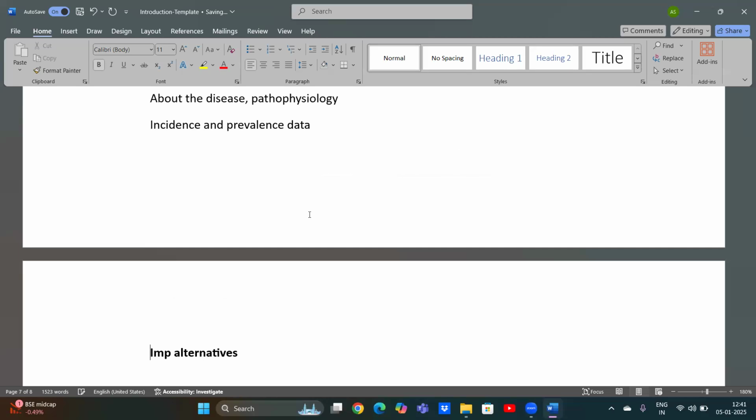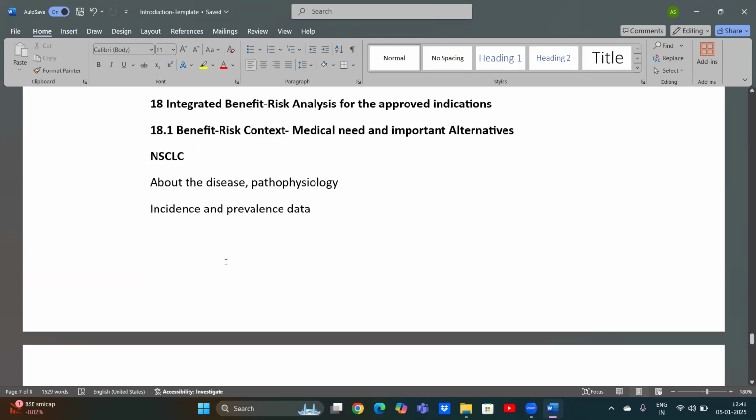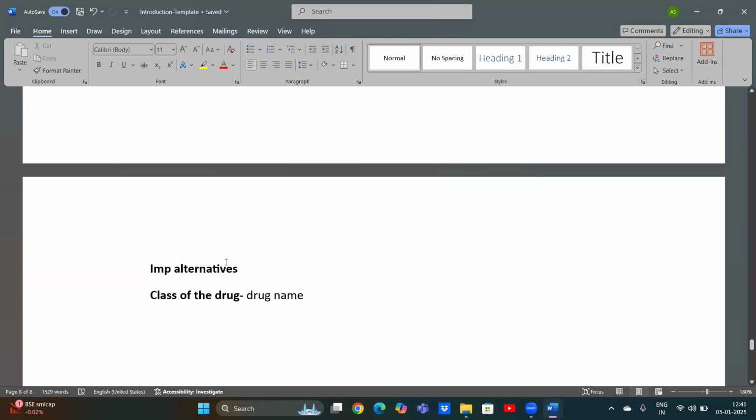You will write the class of the drug, and then the drug name. In the same way, there will be many drugs currently being used for NSCLC. So you will write what the important alternatives are. Correct? Got it?